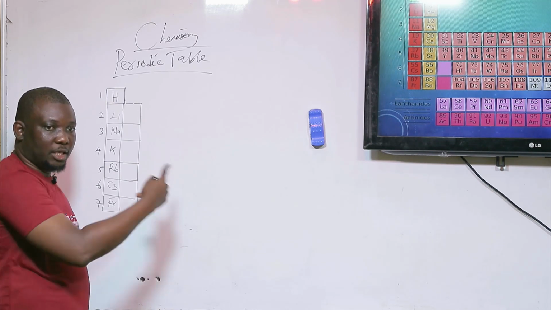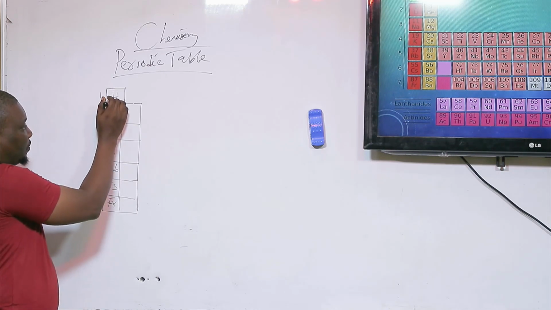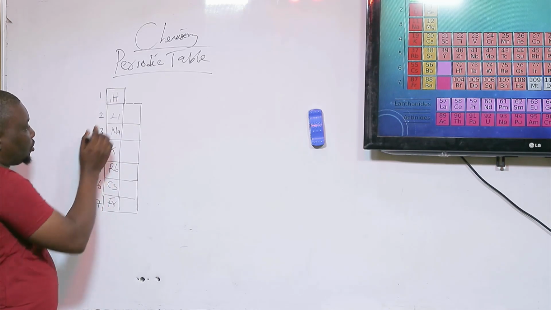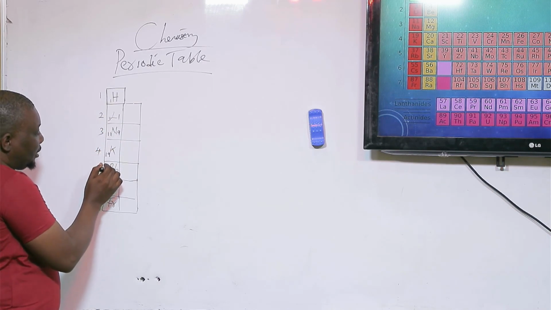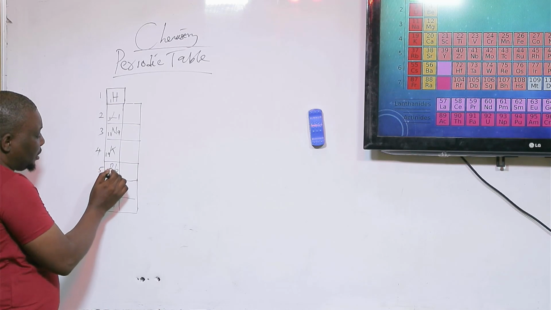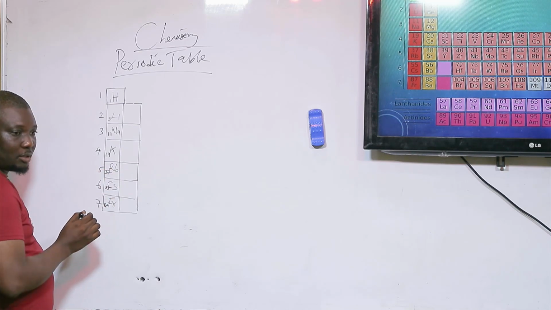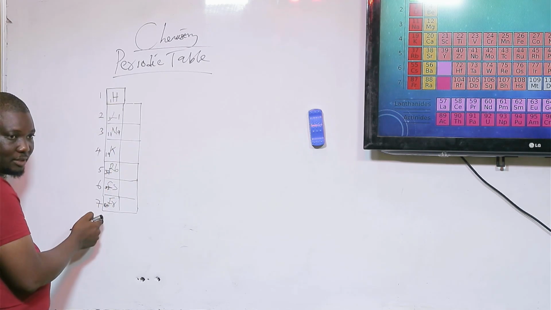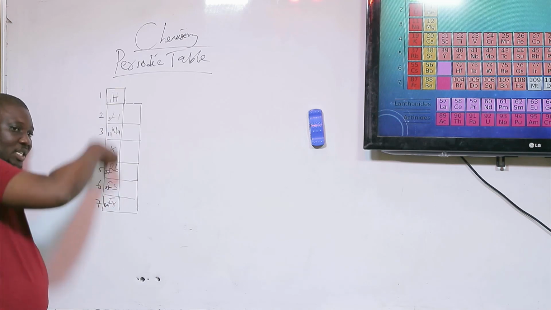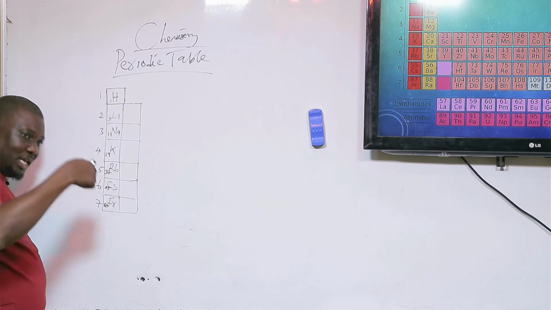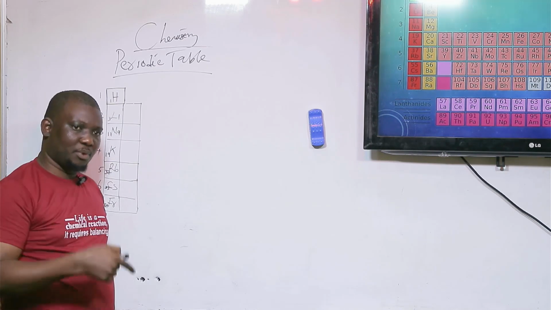Let's place the atomic numbers now. The atomic number of hydrogen is 1. The atomic number of lithium is 3. This is 11. This is 19. This is 37. This is 55. And this is 87. The atomic number varies, but they are placed in this particular group because they have the same chemical property.